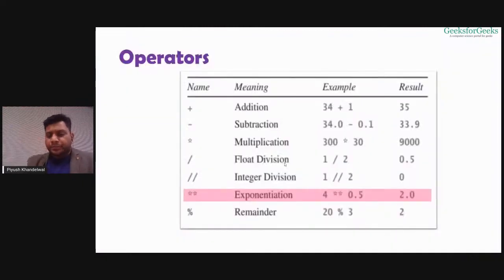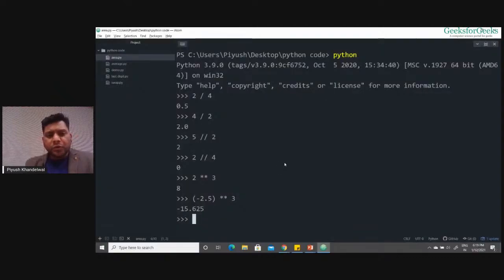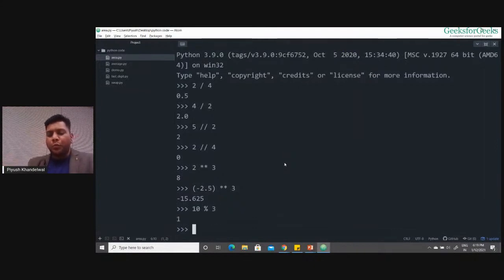Then comes the remainder operator, or the modulo operator. It is also called the modulus operator. It actually gives me the remainder. Suppose I'm giving two numbers here. Let me have 10 mod 3. This is represented by the percent symbol. It will divide 10 by 3, and whatever is the remainder. So 3 3s are 9, and the remainder is 1. So it will give you 1.